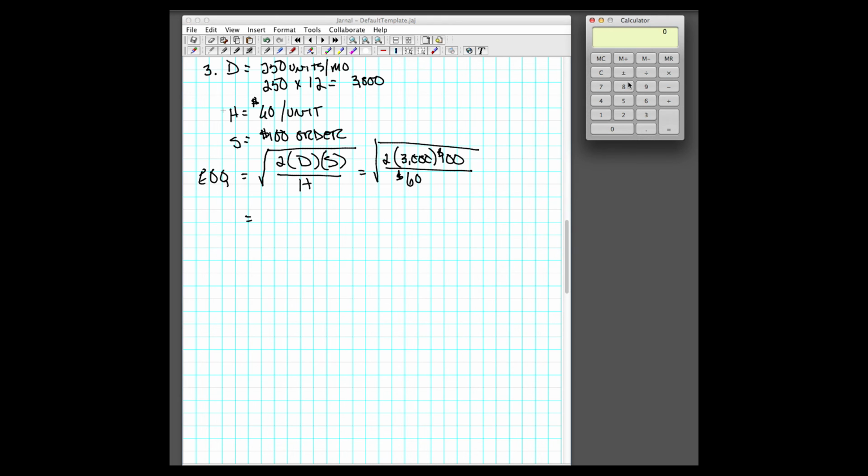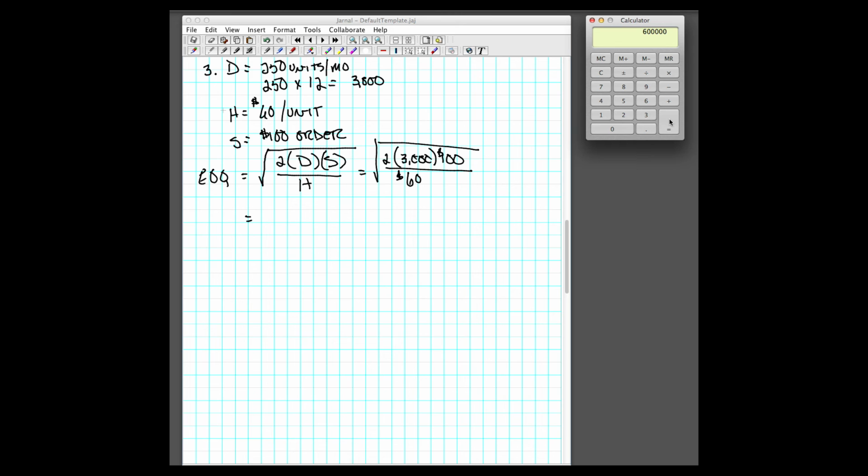If we're going to rough out the math here, our annual demand of 3,000 units is going to be the factor for us here that allows us to calculate our numerator, which is going to be 2 times our annual demand of 3,000 units times our ordering costs of 100.